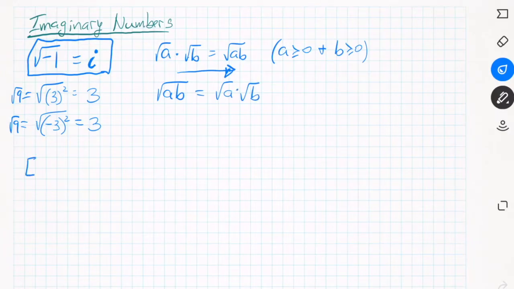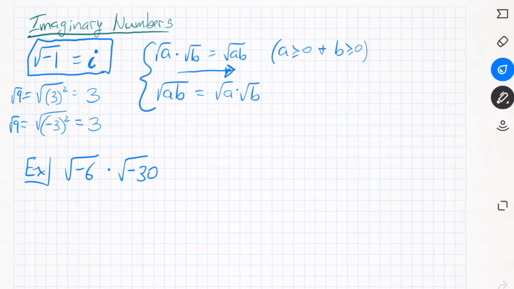So for example, let's say I have the square root of negative 6 times the square root of negative, what's a good one, 30. So what we'd have to do first, before we could even use those properties of square roots up here, is we can't use them unless the two numbers are positive to begin with.